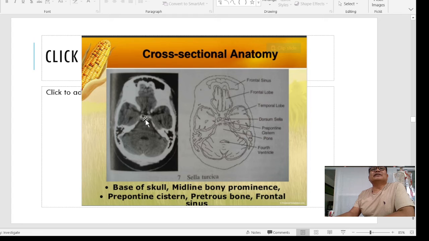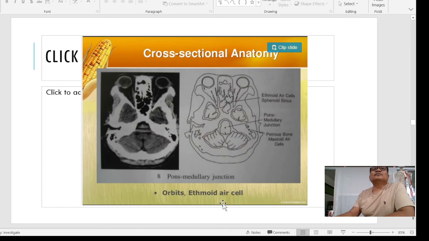Here is the medulla oblongata, in this section. This is the cerebellum. This part is still the temporal lobe. Then this is the eye. This bone is the ethmoid bone, because this area is the nasal cavity.